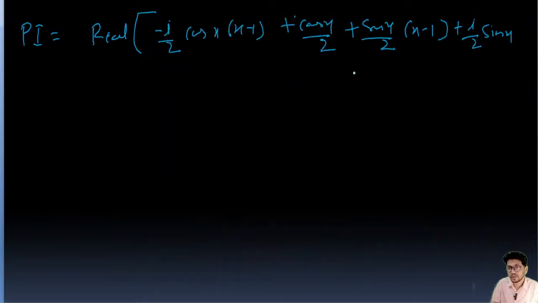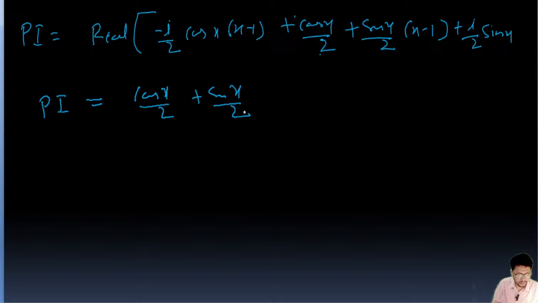So now we have to take the real term of this, right? So the real part is this and this. So here it is going to be cos x by 2 plus sin x by 2 into x minus 1, this one, and these are imaginary, right? Iota here, so sin into x minus 1.